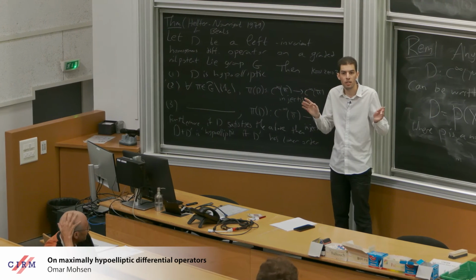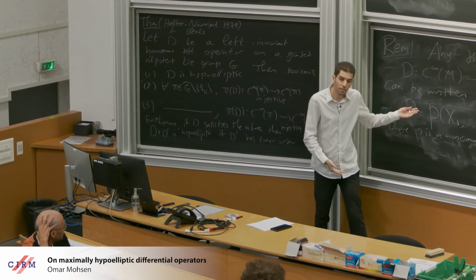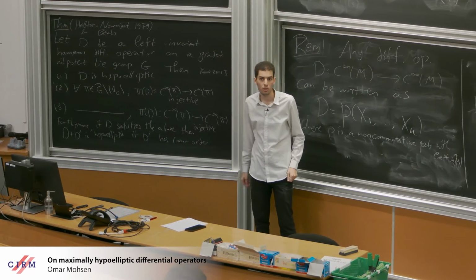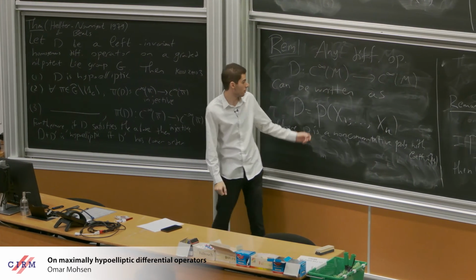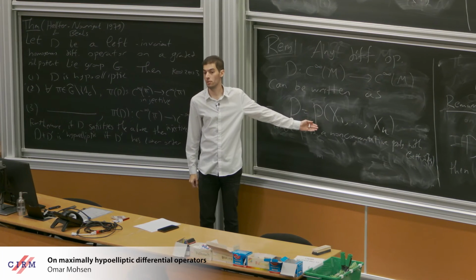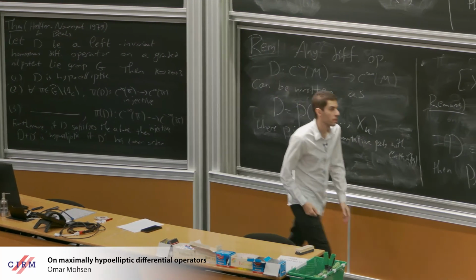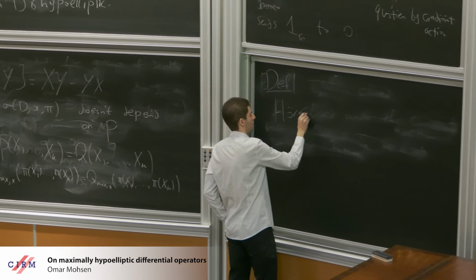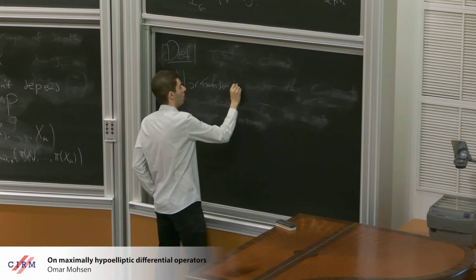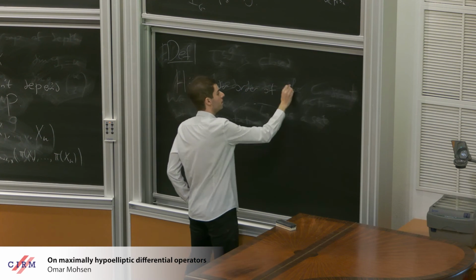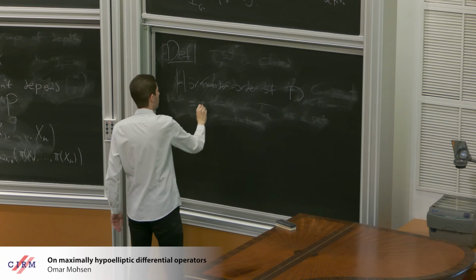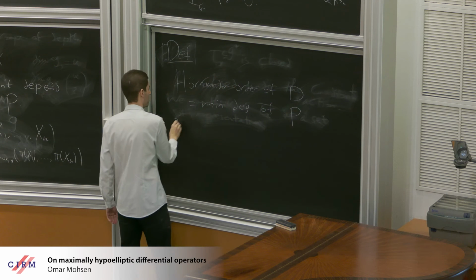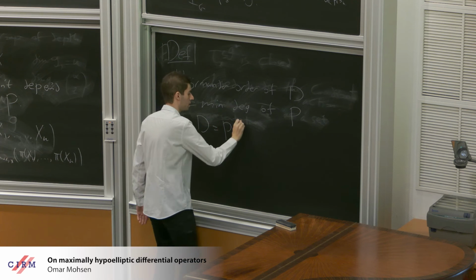I don't have any dilations and so on. But I can define a new order, or an inhomogeneous order, which mimics this order by saying that it is the degree of this polynomial. So we say that the Hörmander's order of my differential operator is the minimum degree of P such that my differential operator can be written this way.